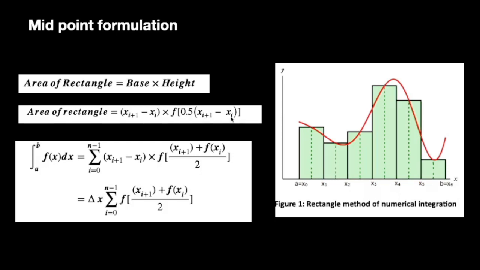So this gives the midpoint, and f of the midpoint will give you the value of the function at the midpoint. So this second part in the formula gives the height of the rectangle. The first part, as we have seen, gives the width, the base of the rectangle. The product of the two will give me the area of each rectangle. This is the area of each rectangle.